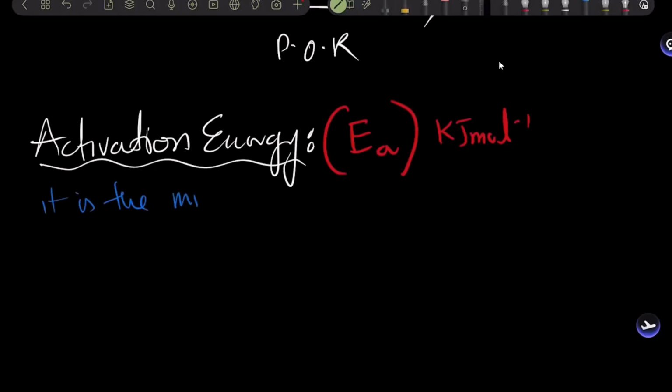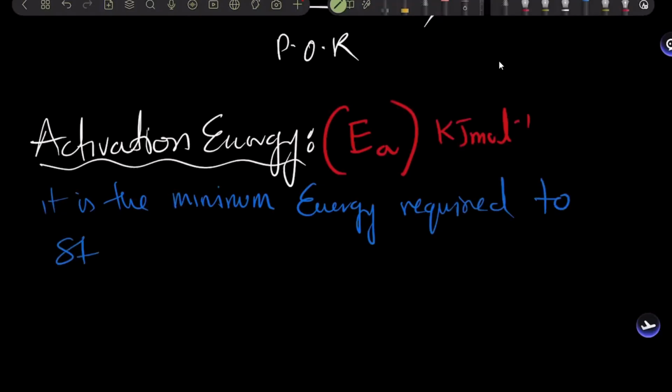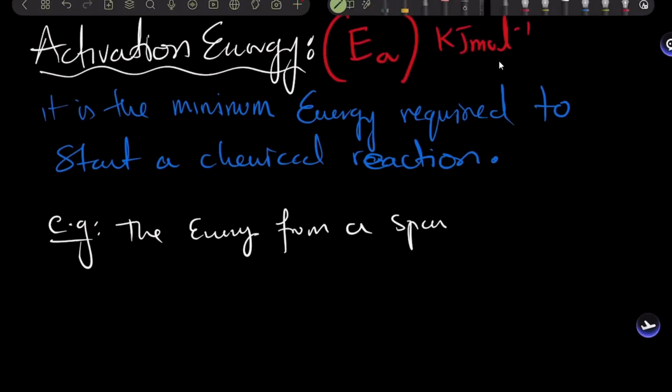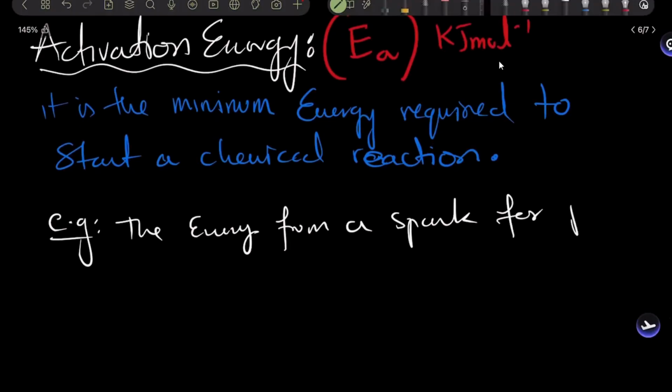the minimum energy required to start a chemical reaction. And you can write an example as the energy from a spark for petrol to start burning.